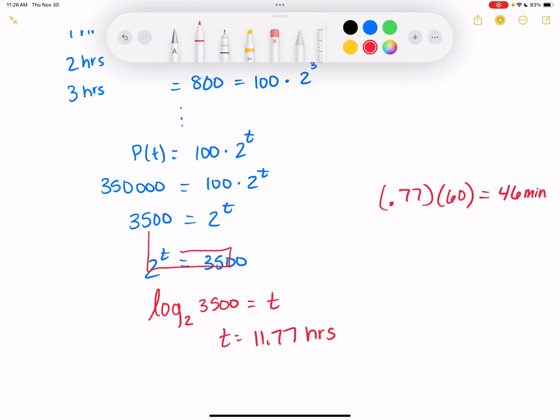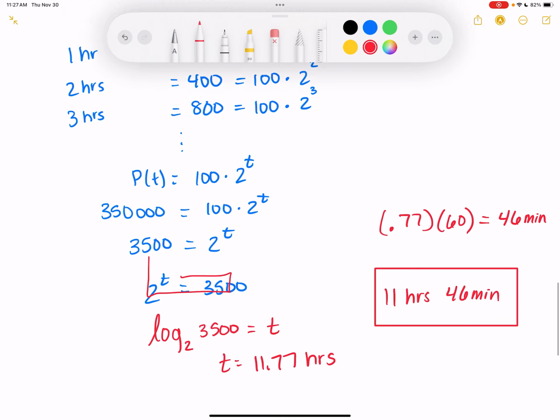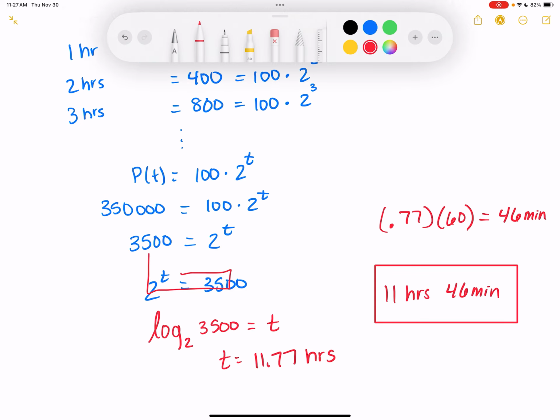So the way I would actually end up writing this is 11 hours and 46 minutes. Because that is something everyone can understand. 0.77 hours is not something everyone understands. It's also pretty wild that in 11 hours and 46 minutes you can go from 100 bacteria to 350,000 bacteria. Just in case you were so interested in how that works.